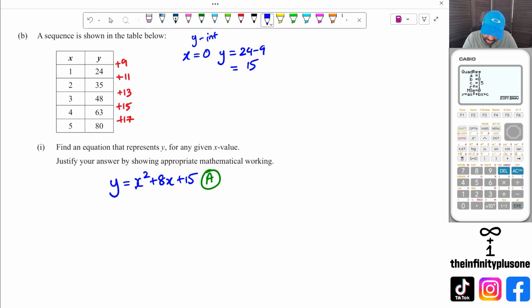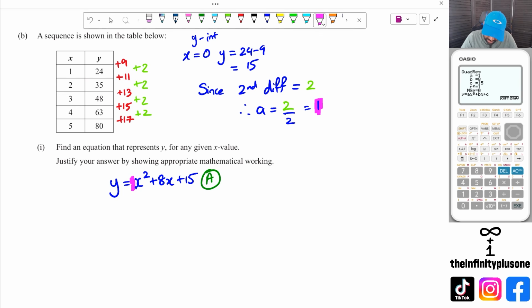I could also say this thing here, where plus 2, plus 2, plus 2. And then I could say something like, since second difference is equal to 2, therefore a is equal to 2 divided by 2. So a value is equal to 1. And that's pretty much what this value in front of x squared is.